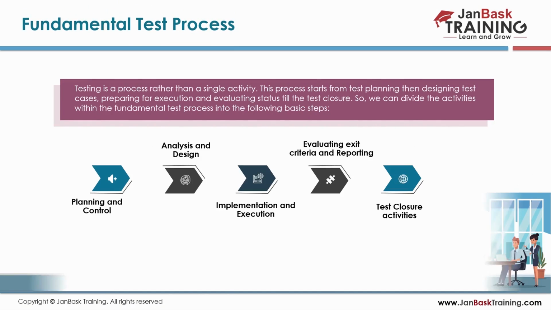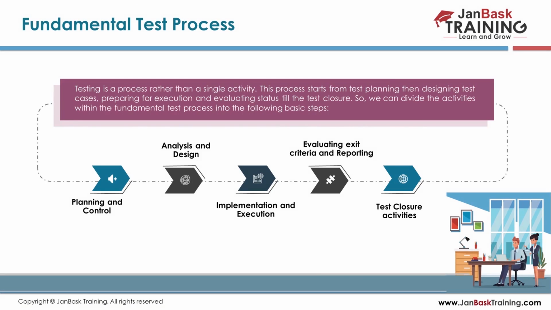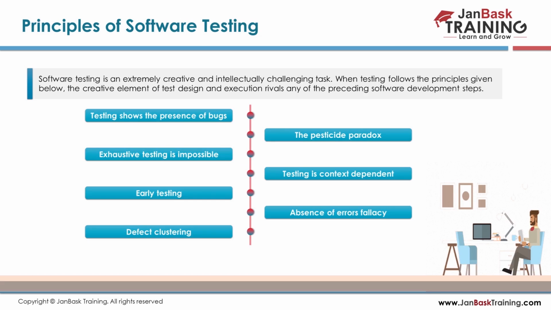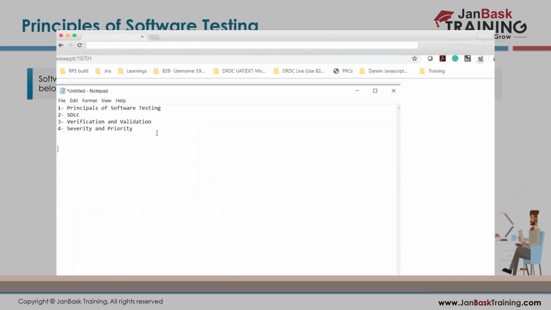So you need to rely on this recording for understanding the principles of software testing in detail. Now let's talk about the first principle. The first principle says testing shows presence of bugs.